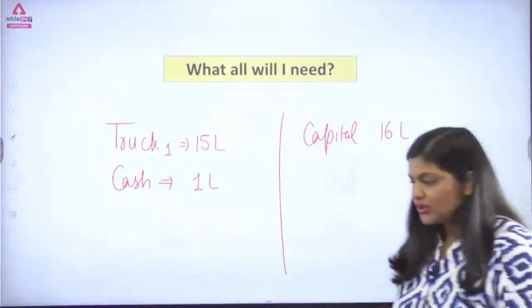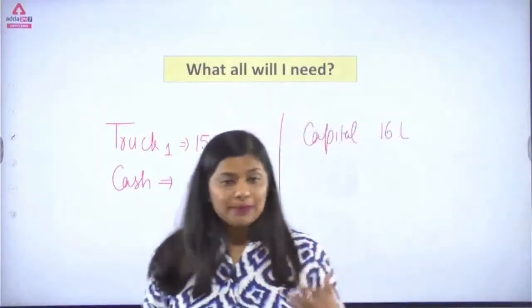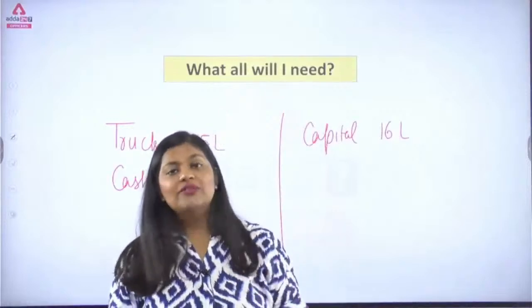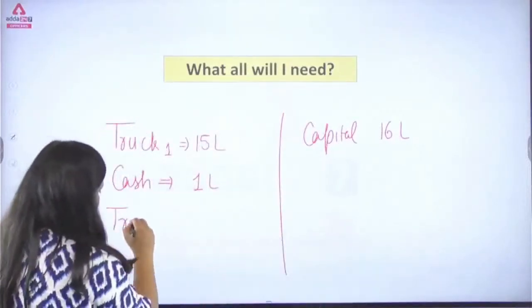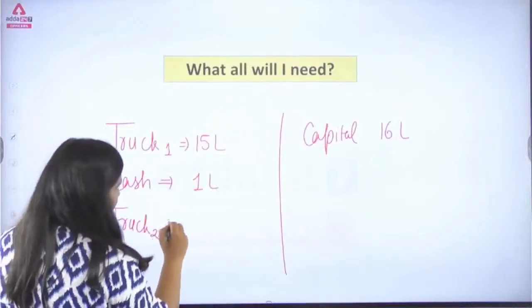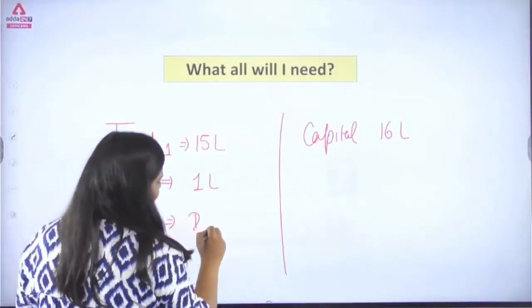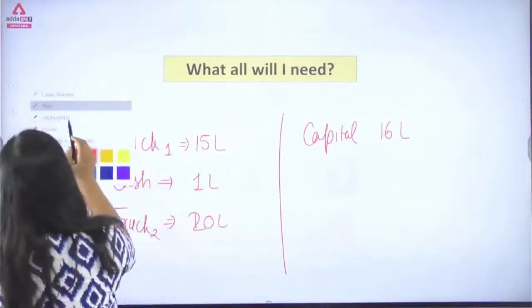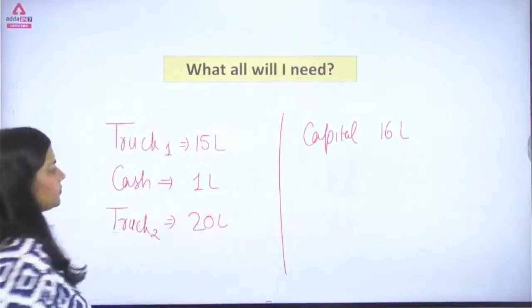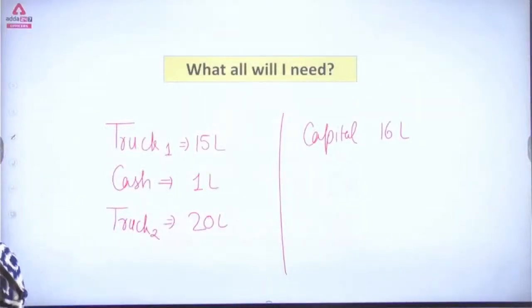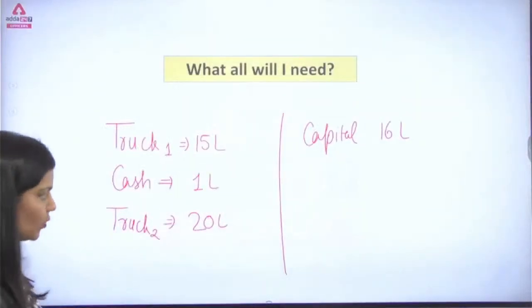Now my business was doing good. I thought, let me multiply my money a little more, for which I would need another truck. So I decided to purchase another truck, truck 2, let's say 20 lakh. I didn't have the money, right? So I decided to take a bank loan.